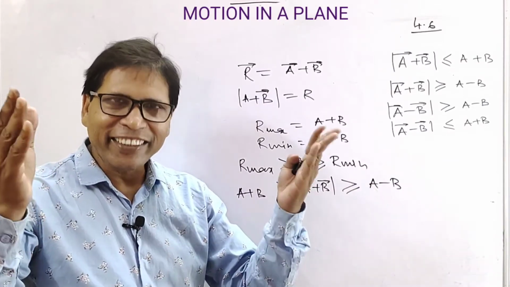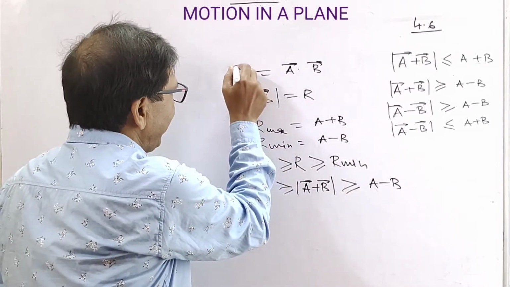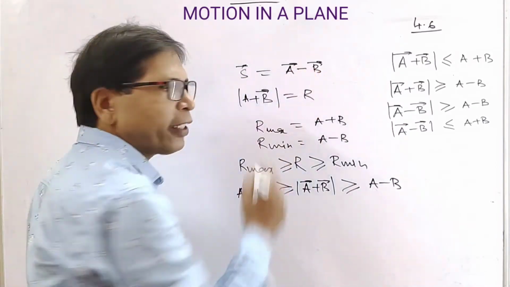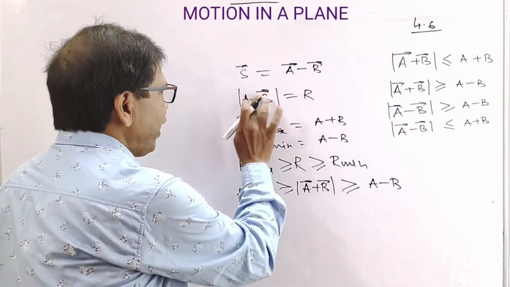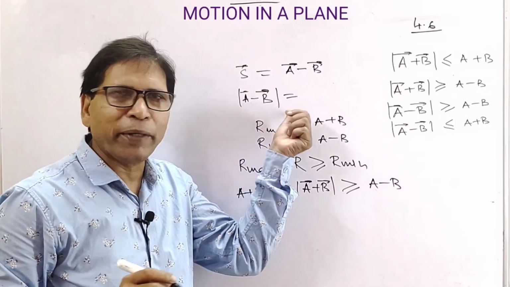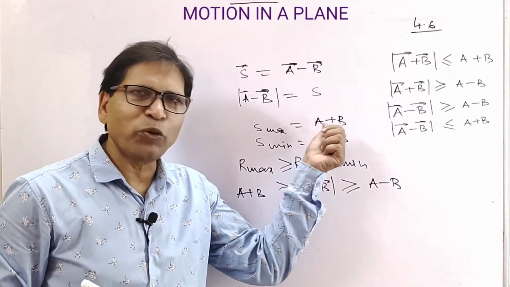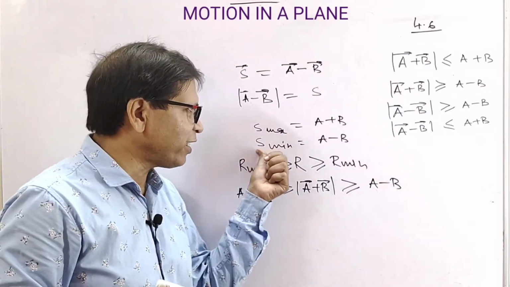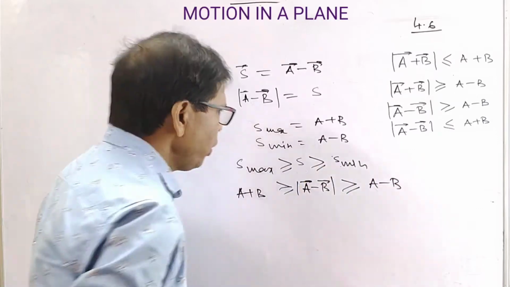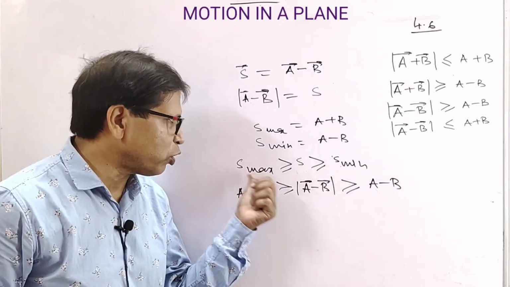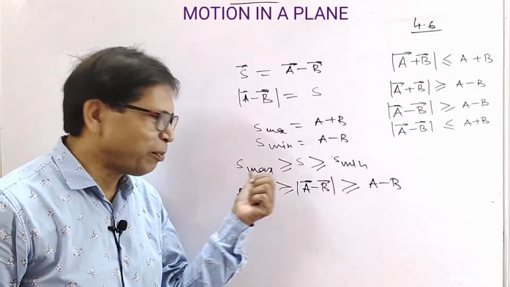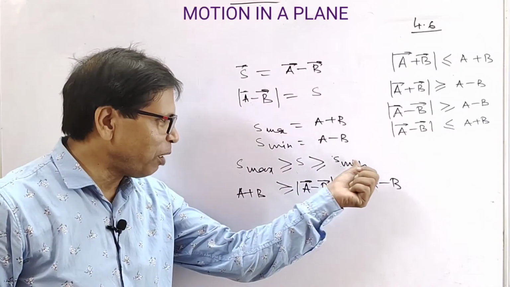Understood? In the same way, look at this, S vector equals A vector minus B vector, and here modulus of A vector minus B vector is equal to S. Now S max equals A plus B, and S min equals A minus B. So S lies between its maximum value and minimum value.